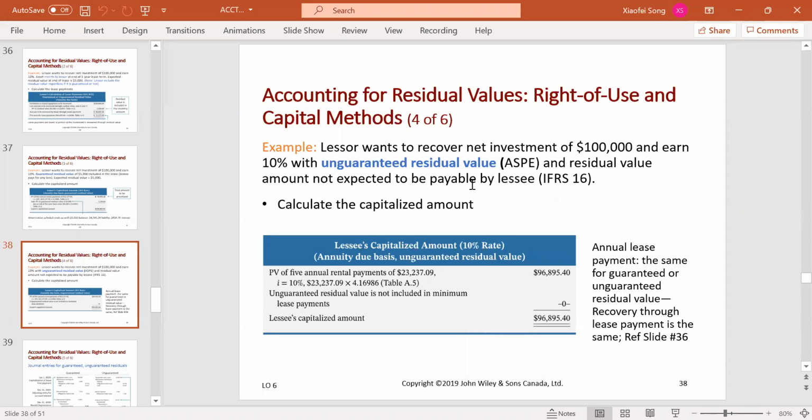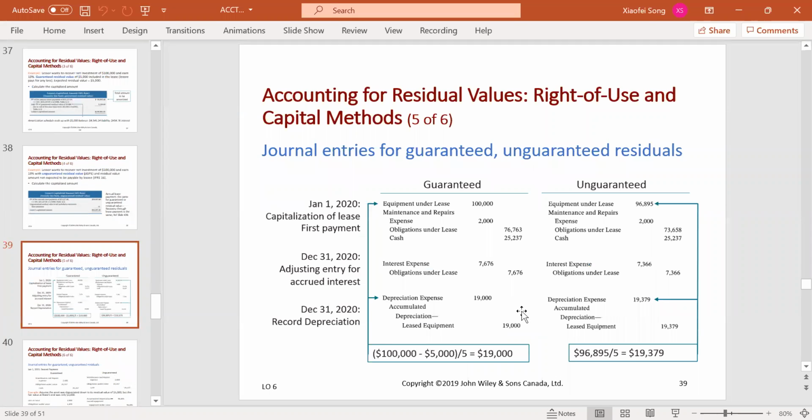That's the IFRS way to say it's not guaranteed. In that case, under IFRS the lessee's obligation is only the lease payments. So the amount to capitalize will be only the 5 lease payments, which is $96,895. That's the difference, right? So keep that in consideration. Things will be different because of that from the start.